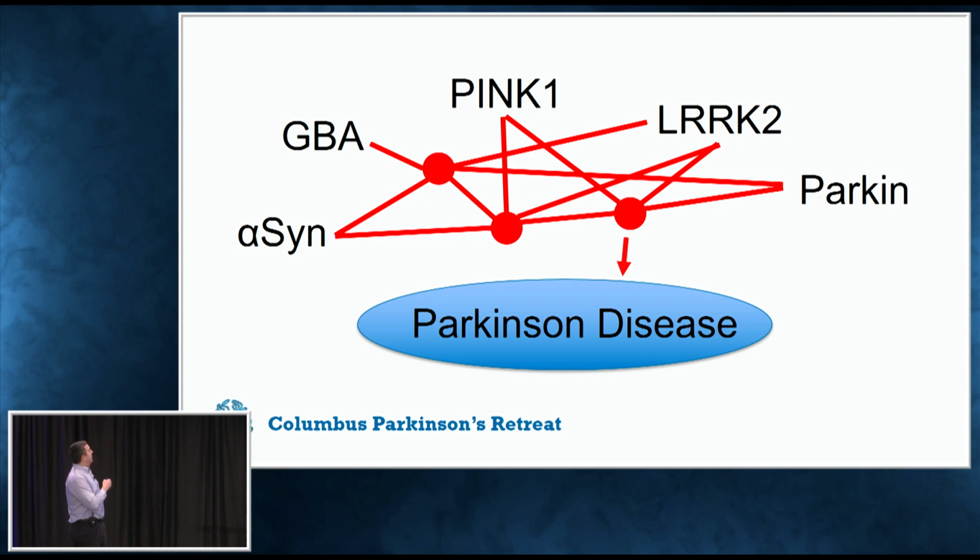Alpha-synuclein, when it is doubled or tripled, the mutations will double or triple the production. And when that happens, pathology develops and Lewy bodies develop. So again, a lot of evidence that alpha-synuclein pathology is a driving force.